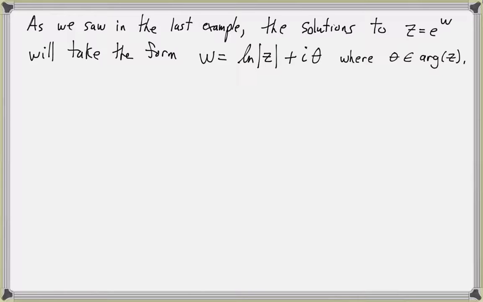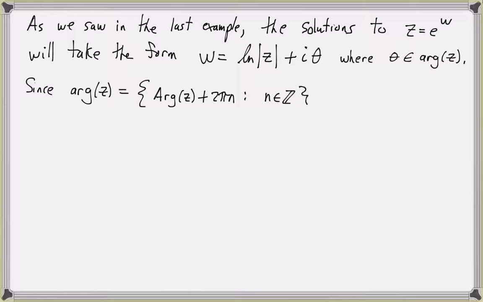Now the argument of z, recall, is a set of values. It's a set of all values of the form capital Arg of z, which is the principal value of the argument of z, plus 2 pi n, such that n is an integer.